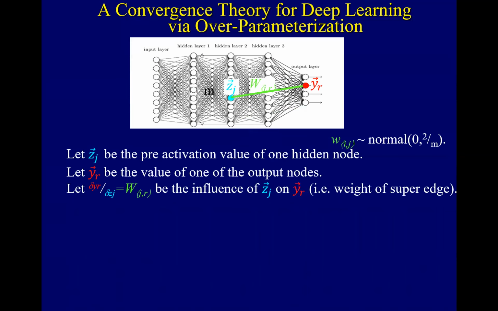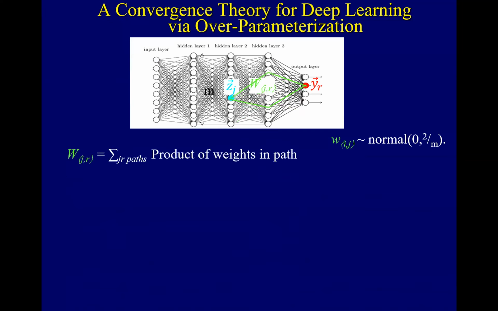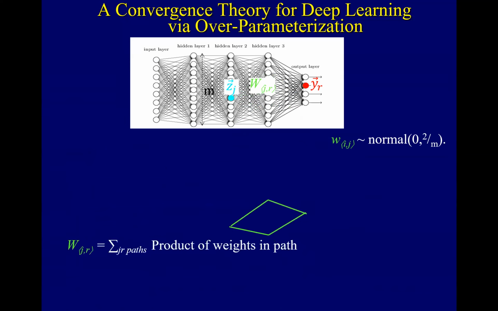That's a derivative, but intuitively I find it nice to talk about it as a super edge across here, and that's the weight of the super edge. So if you change this, then the derivative is the weight of the super edge. You can think about it as derivatives or weights. So we want to calculate what the super edge weight is.